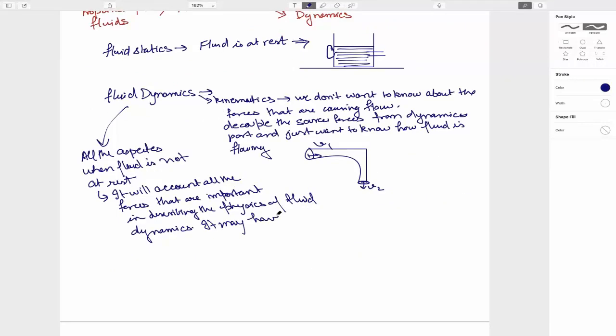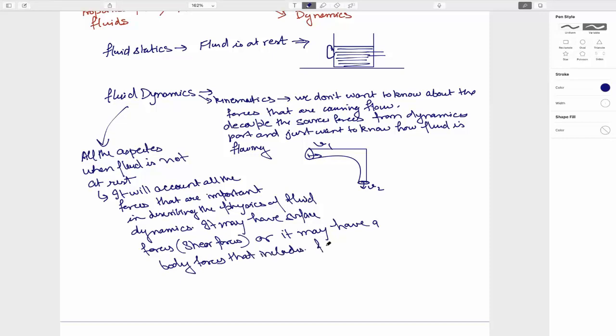It may have surface forces like shear forces, or body forces, which include forces on a fluid parcel due to gravity or any external field.